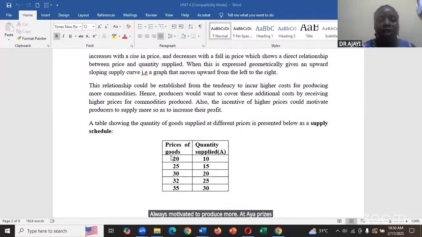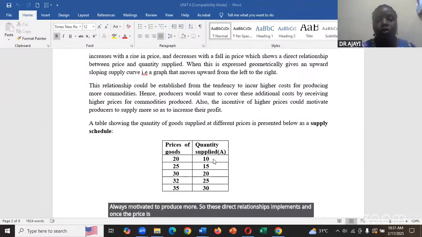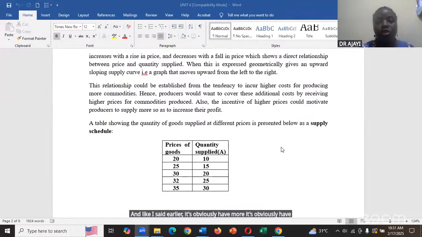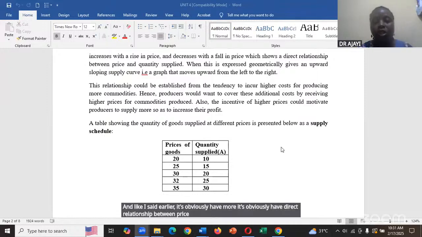So this direct relationship simply means that once the price is low, you have the lowest quantity supplied. And going by this, as the price is increasing, the quantity supplied is also increasing. And like I said earlier, it obviously has a direct relationship between price and quantity supplied.